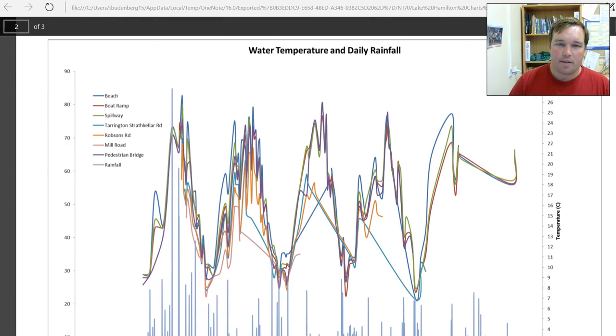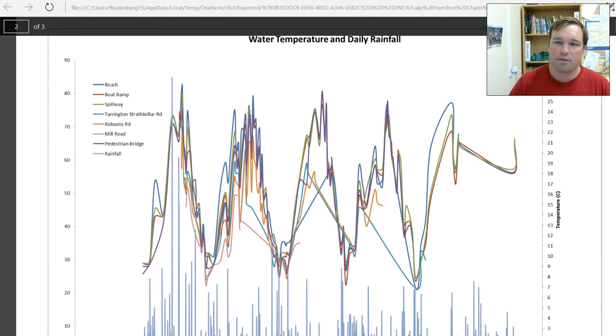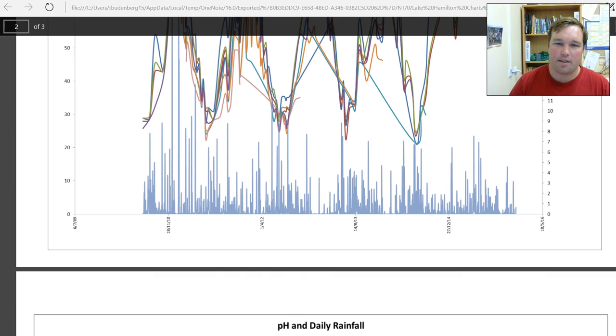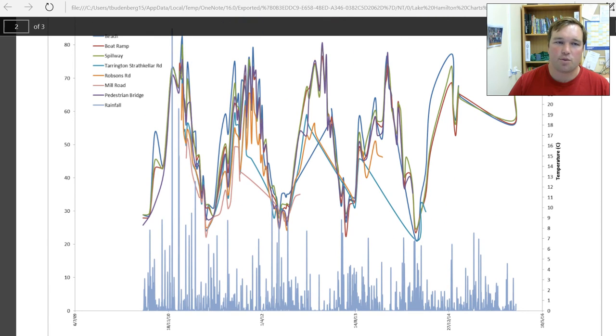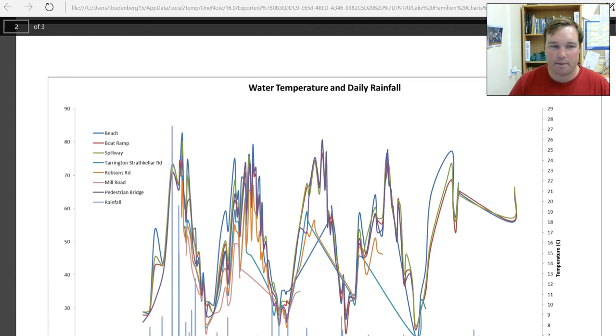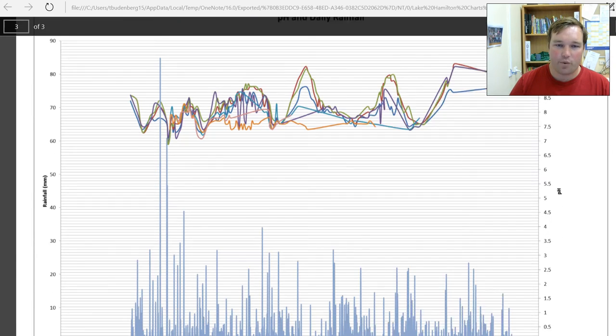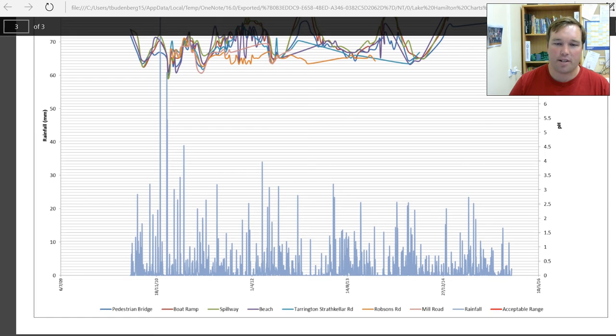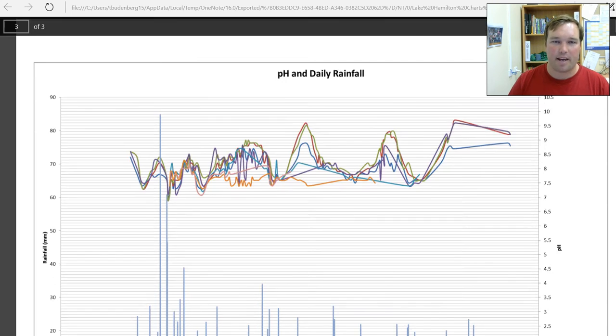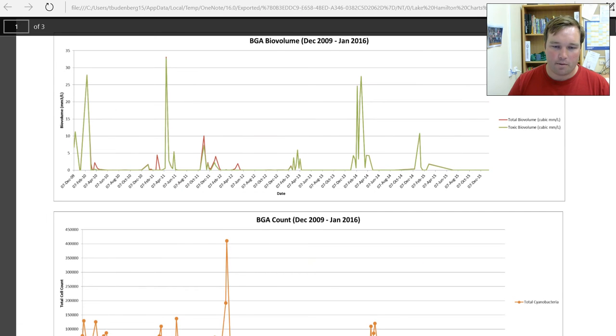And so does water temperature, rises and falls each year. You can imagine here, the years going up and down, the temperature is rising and falling. Each of these little lines are temperature measures taken at different places. pH and rainfall, you can imagine the rainfall rising and falling. These are real-life time series charts taken by the council from our lake.